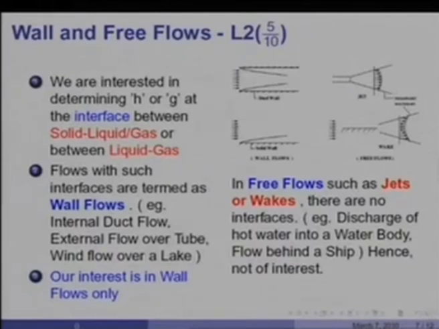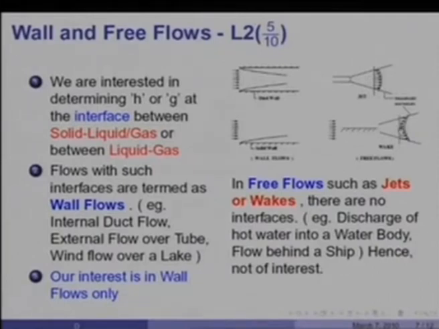So, naturally, we are only interested in flows which are bounded by walls, because it is only there where heat transfer coefficient is defined. But in fluid mechanics, one also is interested in what are called free flows, such as those that are formed in the form of a jet, say air or a gas issuing from a nozzle, or a wake, that is a flow behind a ship would be a wake flow.